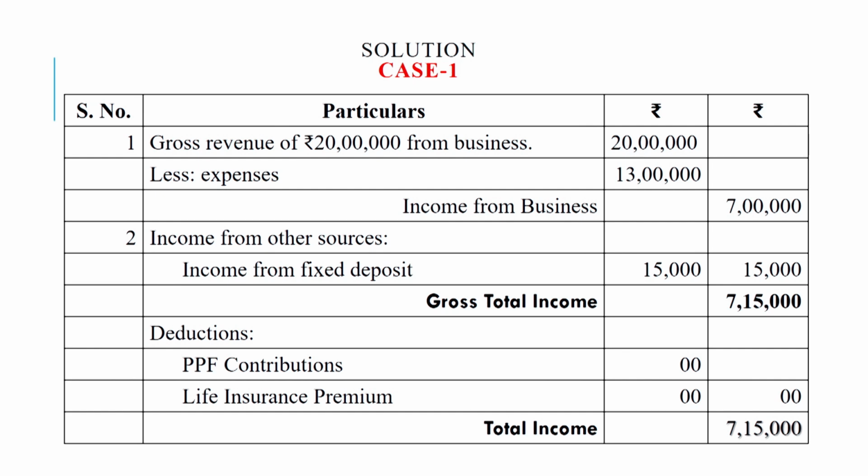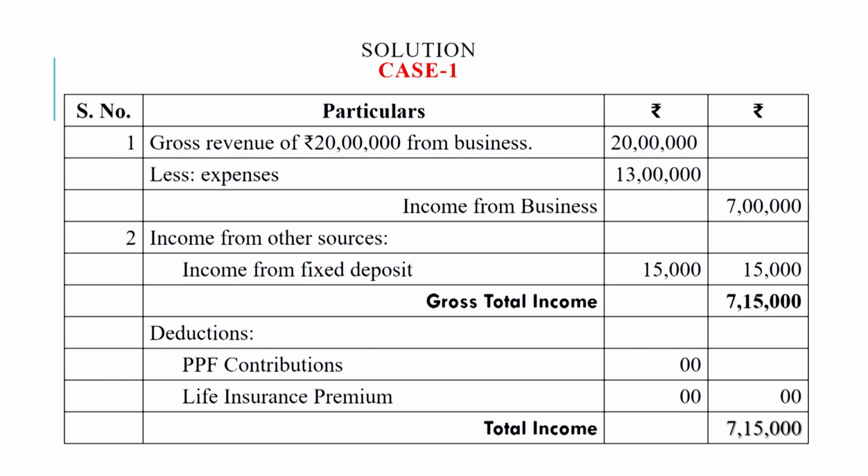But in this question, the PPF contribution and LIC premium are related to section 80C of Chapter 6A deductions, and section 80C is not allowed. Not allowed means it is disallowed as a deduction. So 0 is shown in the solution on this slide. So total income and gross total income will both be the same, 7,15,000.